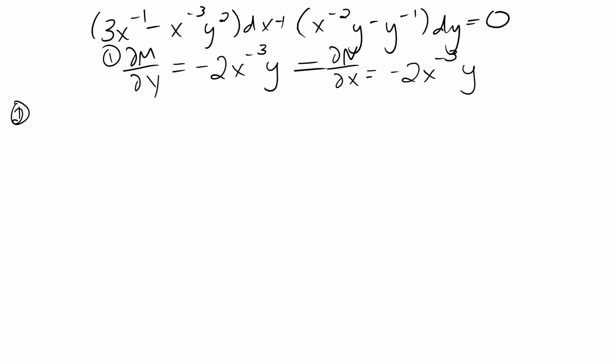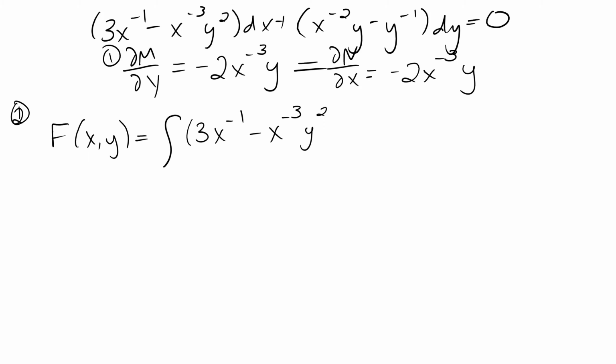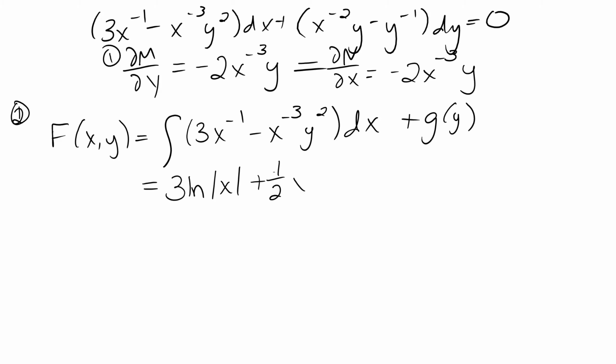Step 2, f of x,y would equal the integral of one of them. Let's just do M since it's first. You could do N. There's nothing special about which one you pick. So the integral of 3x to the negative 1 is 3 natural log of the absolute value of x, plus the integral of x to the negative 2 y squared, so divide by the power. So I'm going to have 1/2 x to the negative 2 y squared plus g of y.